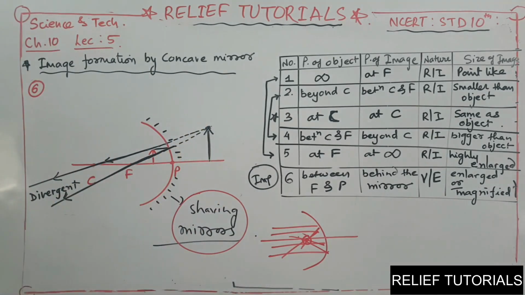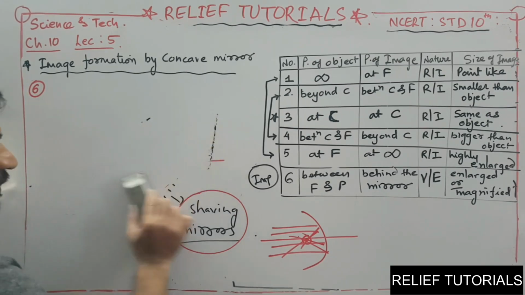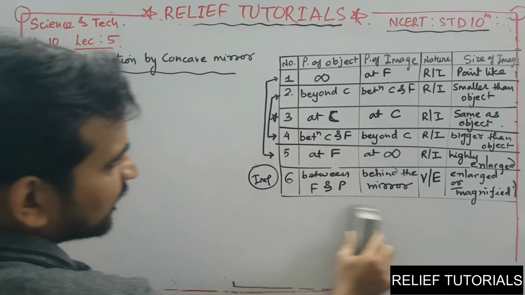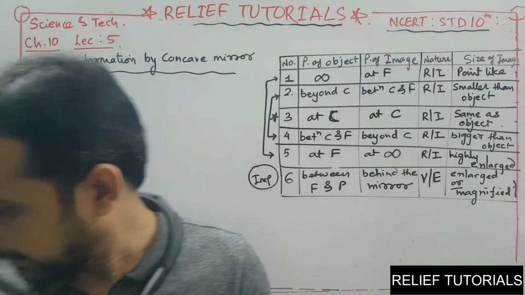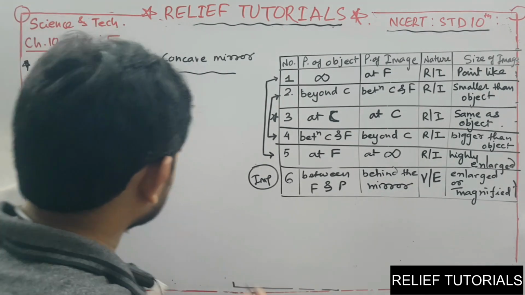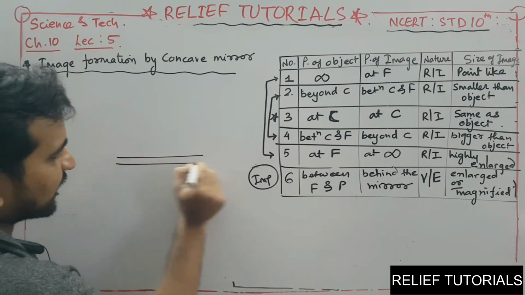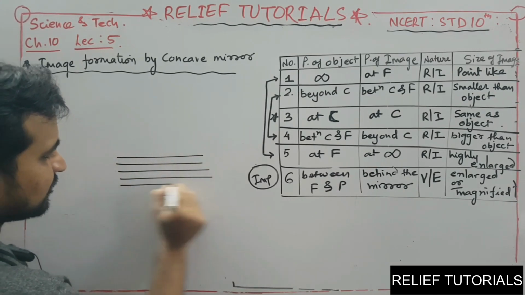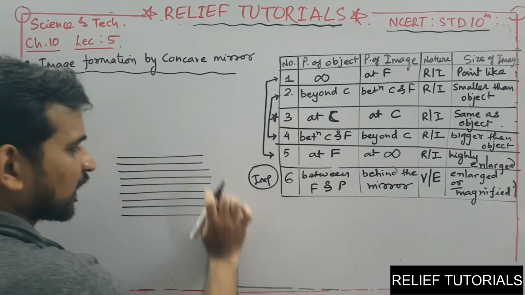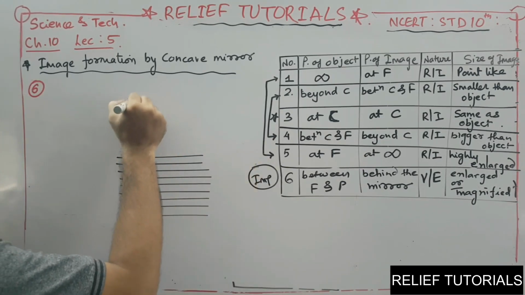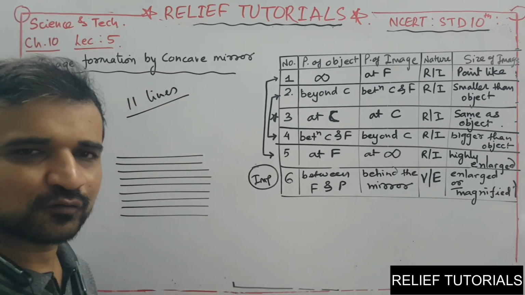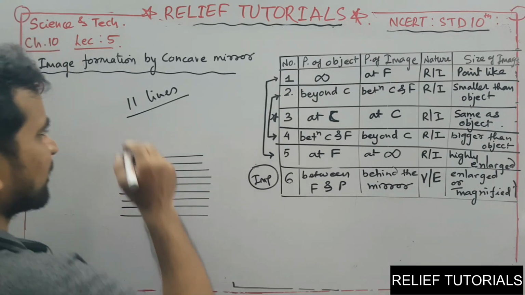One more thing, how you will draw these images. You have to draw 6 different diagrams for each one. And let me give you some hints to draw the mirrors. Consider this is your notebook and these are the lines. The height of the mirror should be 11 lines in your notebook. This is the easiest way to draw the mirror, and the figure will be accurate.